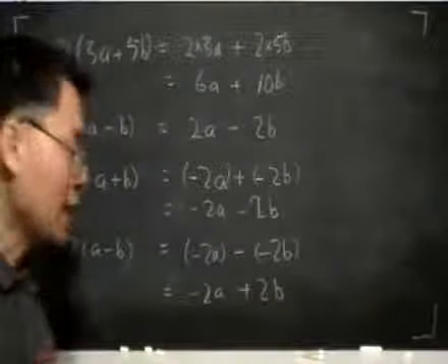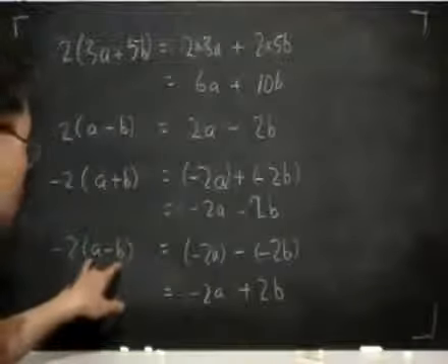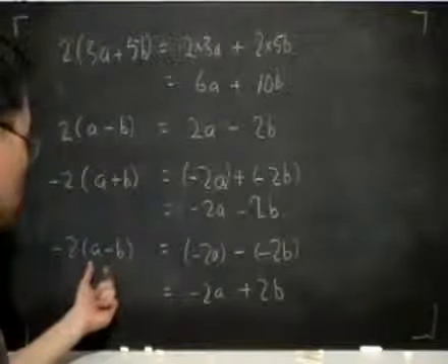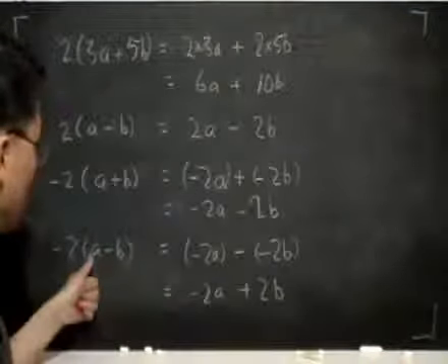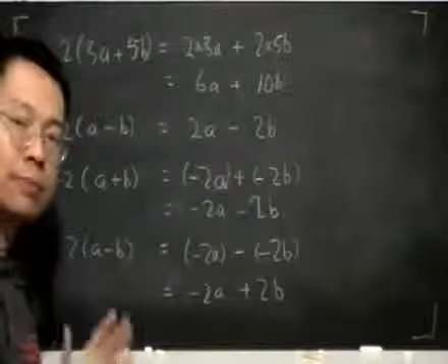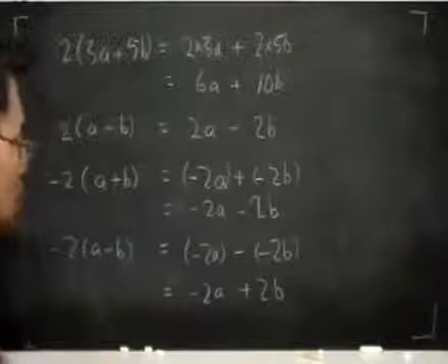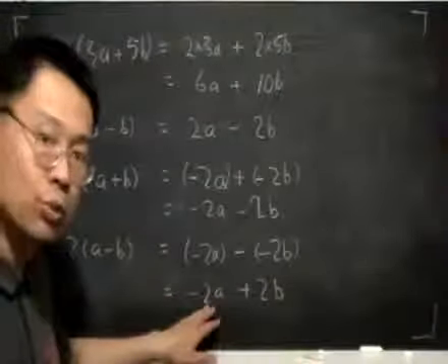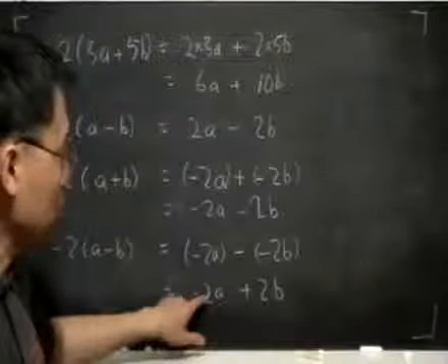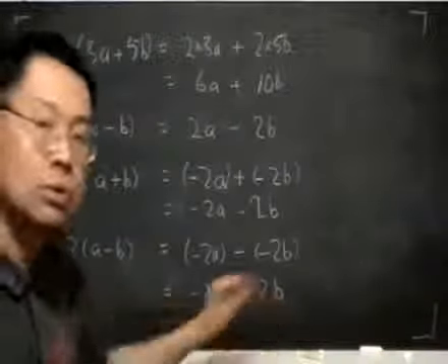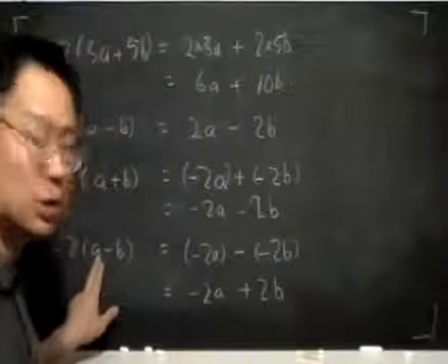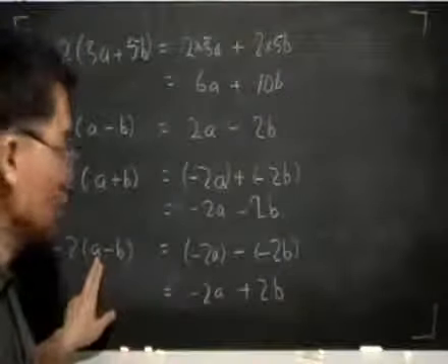Now let's compare this with the initial bracket. So at first we have in the bracket A minus B, term minus term. After removing the brackets, we have minus 2A plus 2B. So the term in A was at first positive.